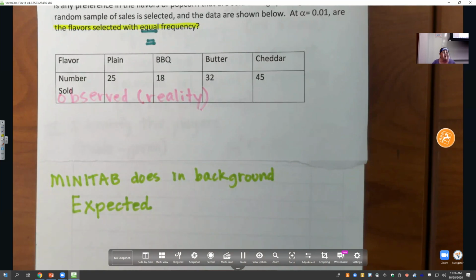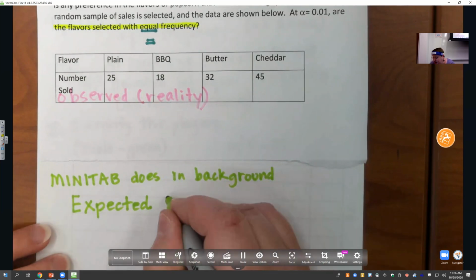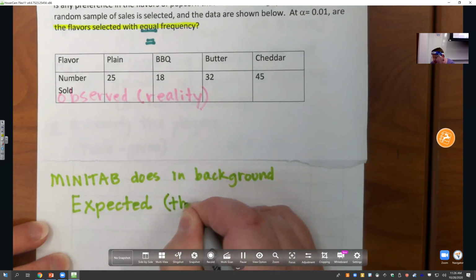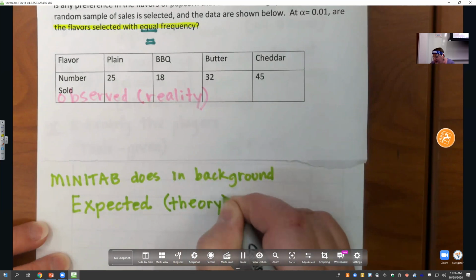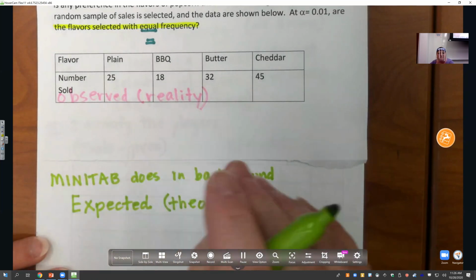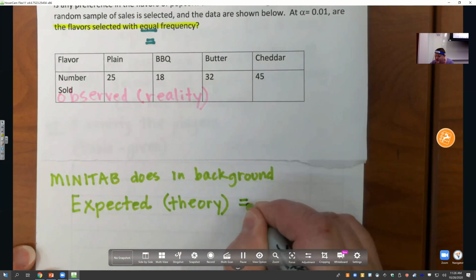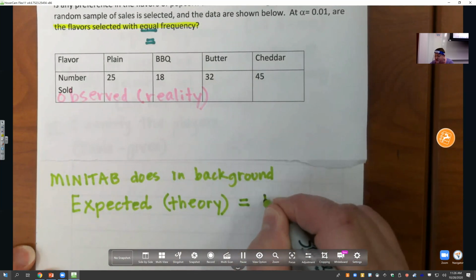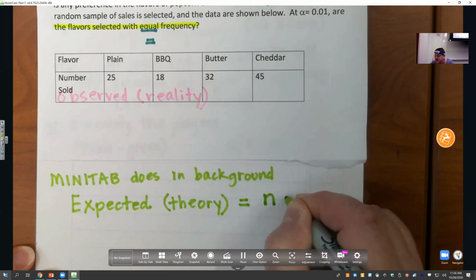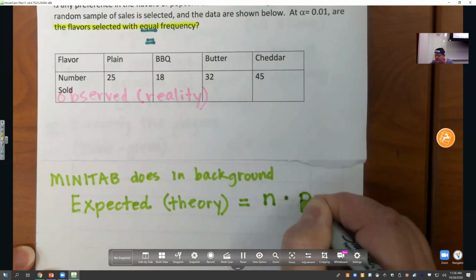That was the reality. The expected is what we think should happen in theory if each one of those is selected with equal frequency. The way we calculate the expected is you take the total number in your sample times the proportion.